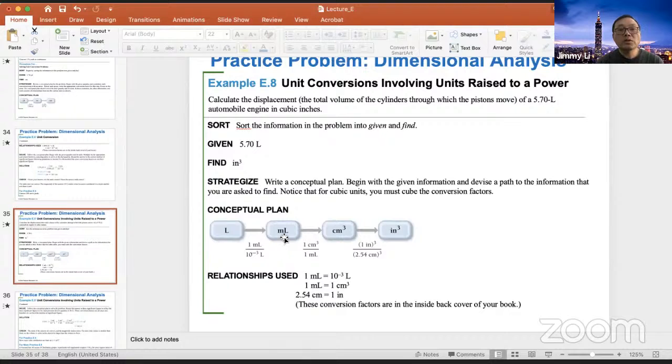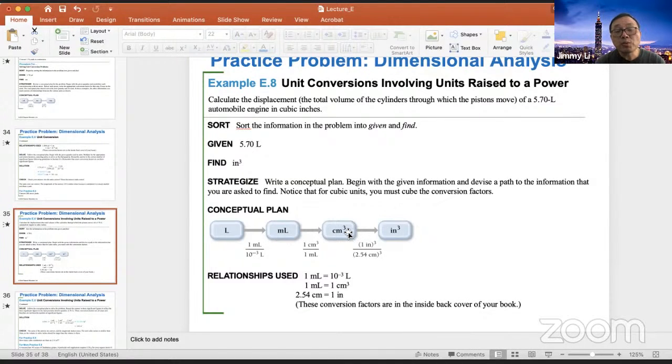Here's another example, to convert 5.70 liters to cubic inches. They plan here to convert liter to milliliter.